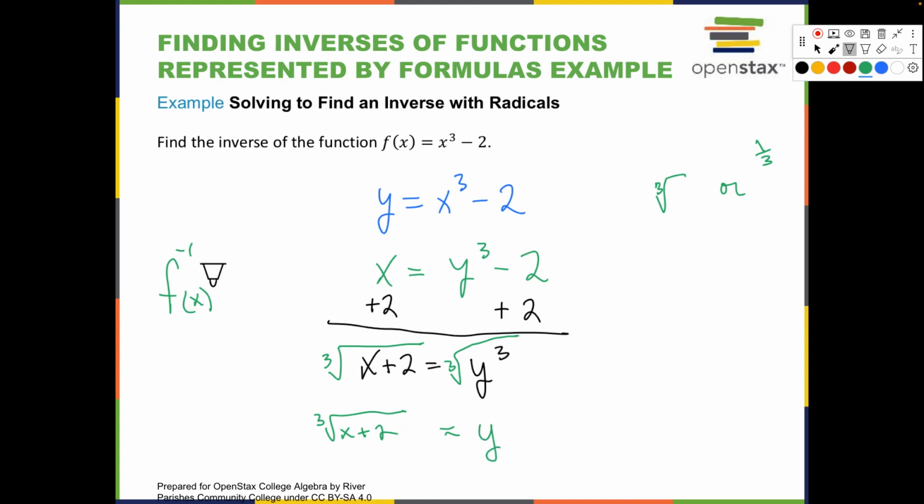We're going to replace the y, it is equal to the cube root of x plus 2. Remember that little 3 there. And again, we see things being done in the reverse order. So instead of subtracting 2, we're adding 2, and we're doing that first. And then we're taking the cube root, whereas up here, we cube it, and then subtract 2. So reverse order, reverse operations.